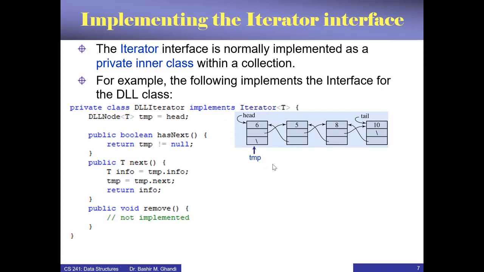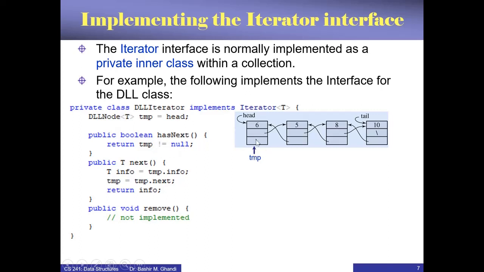Now we need to implement the three methods of the interface. Let's start with hasNext. Remember, hasNext is supposed to keep returning true as long as your temp, or your pointer, has not reached the end of the list. So in our case, it makes sense to say return true as long as temp is not equal to null.